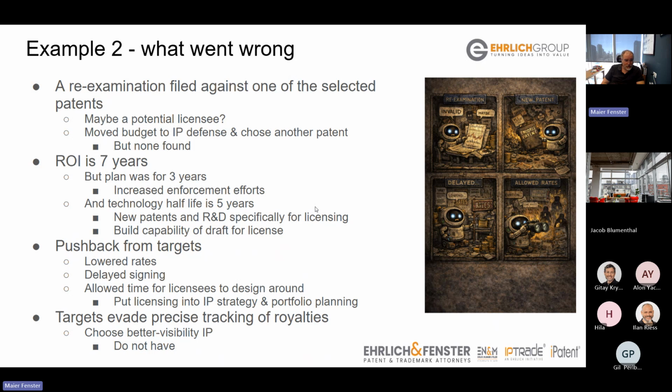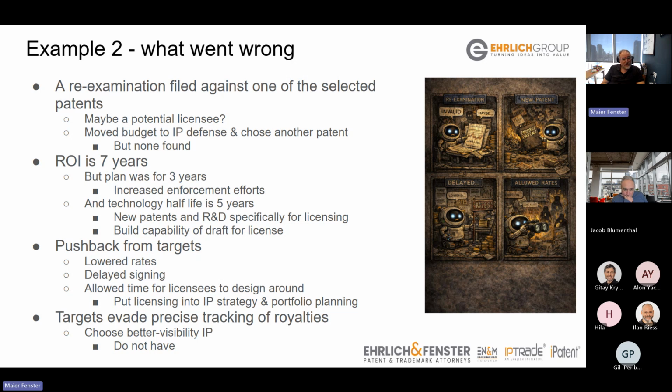Things can go wrong. One of these patents that you selected has a re-examination request filed against it. Maybe it's one of your potential licensees, but more important, you have to move budget to defending this IP, and you have to choose a different patent, but maybe there is no other patent.